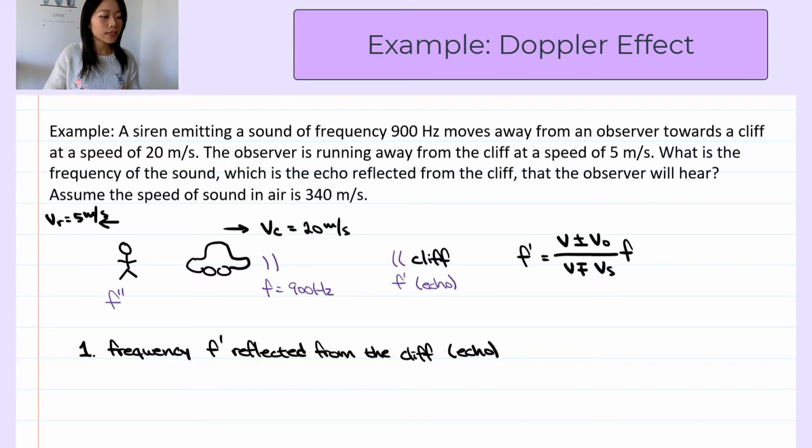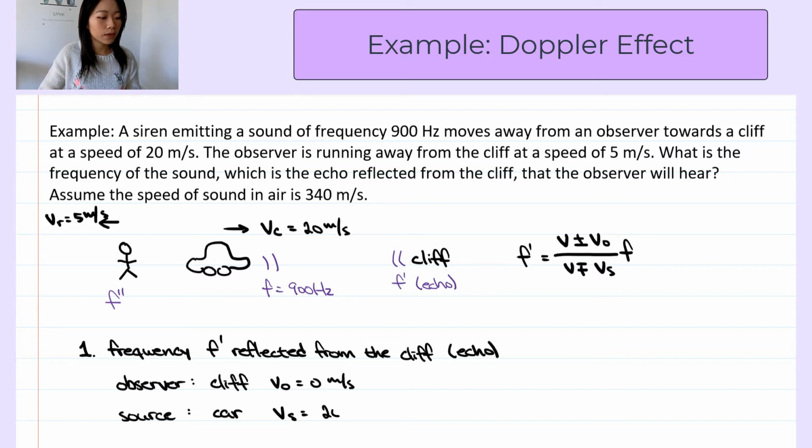So in this first step, the observer is the cliff. The cliff is stationary, so speed of observer is 0. And the source is the siren or the car. The car is moving at a speed of 20 meters per second.